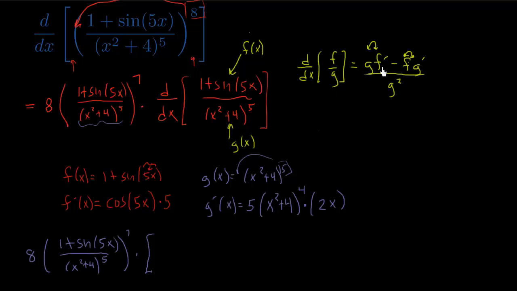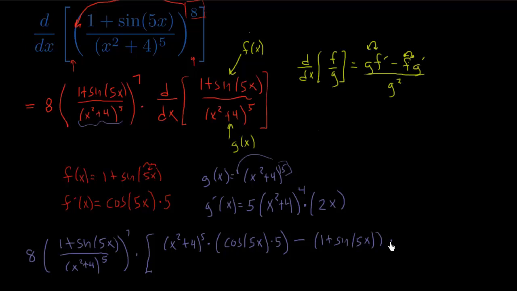We have g f prime. So g is x squared plus 4 to the 5th times f prime. F prime is cosine 5x times 5, minus, and then we have f g prime. F is 1 plus sine 5x.